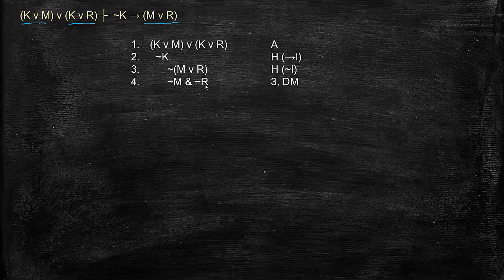If you apply DeMorgan's to that, you're going to get a negated disjunction, right? So say take not R by conjunction elimination on 4 and put it together with not K, and you've got not K and not R. So go ahead, you see what's happening? Go ahead and see if you can take it on in from here.